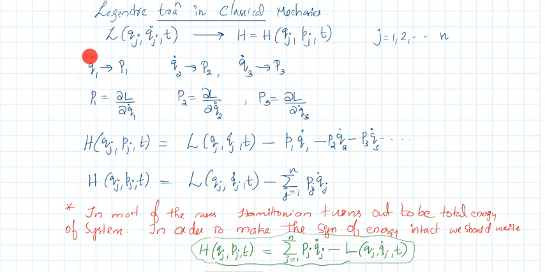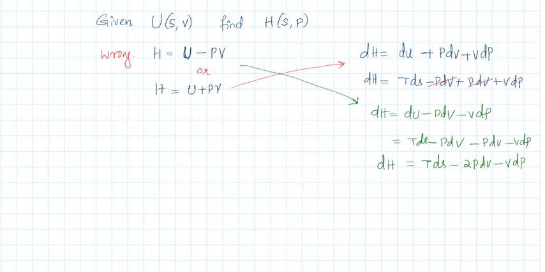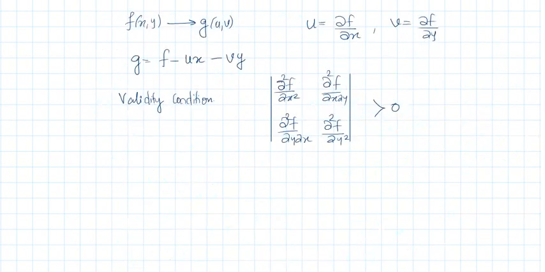So q1 dot is exchanged with p1, q2 dot with p2, q3 dot with p3. And all these variables have connections: p1 is dou L by dou q1 dot, p2 is dou L by dou q2 dot, p3 is dou L by dou q3 dot, and so on. So it already satisfies the conditions for Legendre transformation.